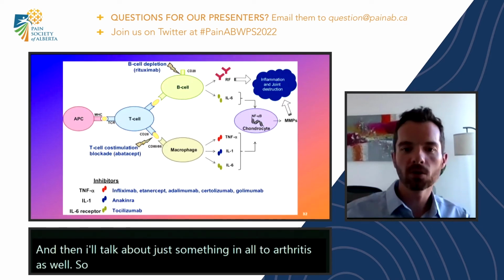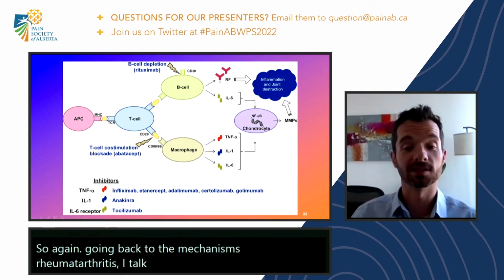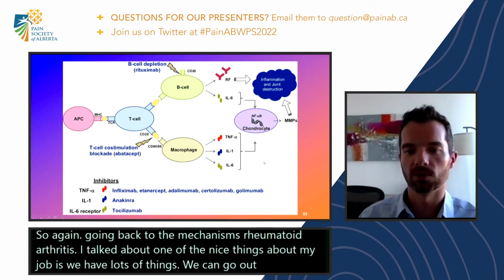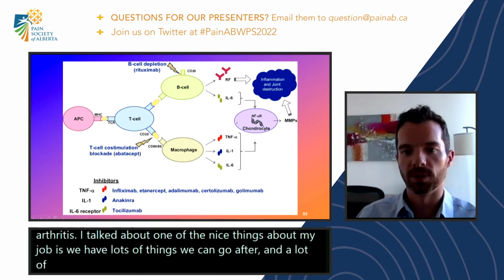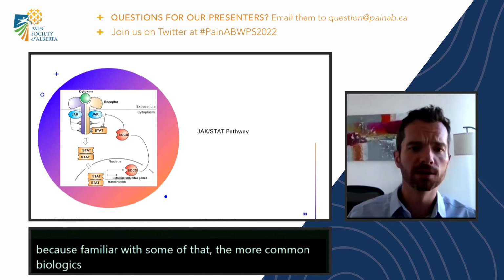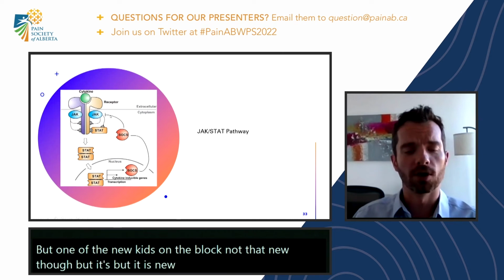Going back to the mechanisms in rheumatoid arthritis, one of the nice things about my job is we have lots of things we can go after in inflammatory arthritis. And a lot of us are becoming more familiar with some of the more common biologics. But one of the new kids on the block, not that new though, but newish, are called the JAK inhibitors.